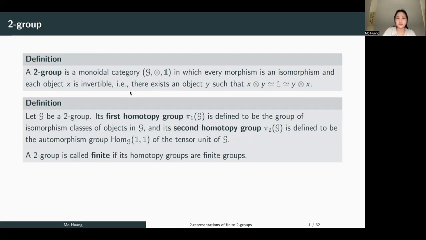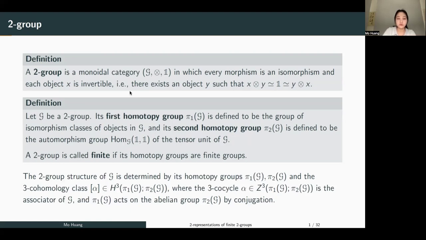Its first homotopy group, Pi1G, is defined to be the group of isomorphism classes of objects in G. And its second homotopy group, Pi2G, is defined to be the automorphism group of the tensor unit of G. The two group structure of G is determined by its homotopy groups and the three cohomology class of the three cocycle, which is the associator of G. And here, Pi1G acts on the abelian group Pi2G by conjugation.